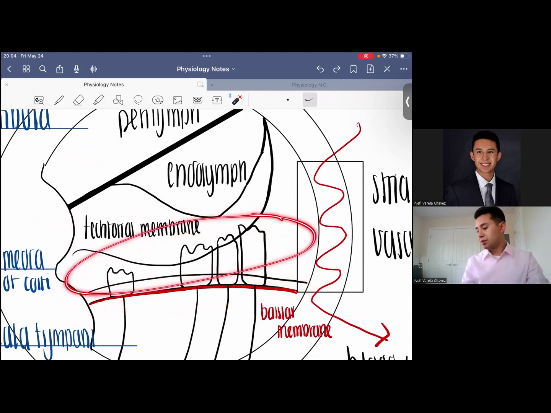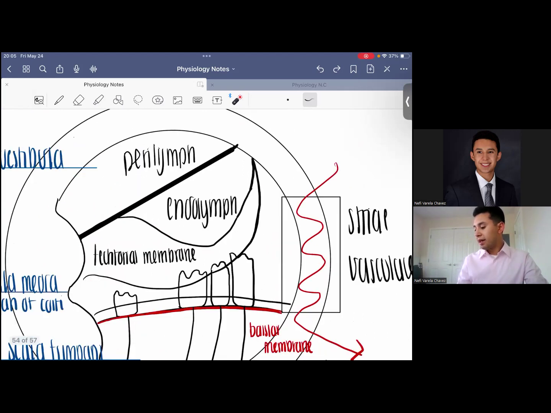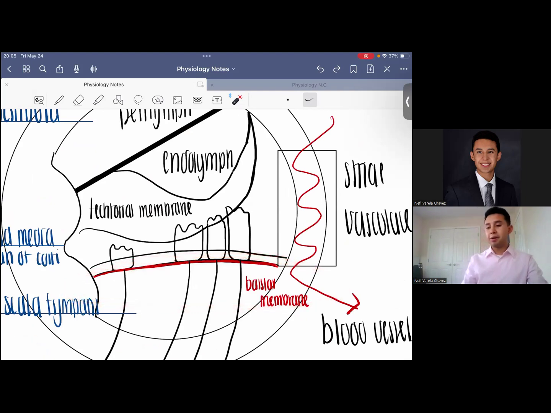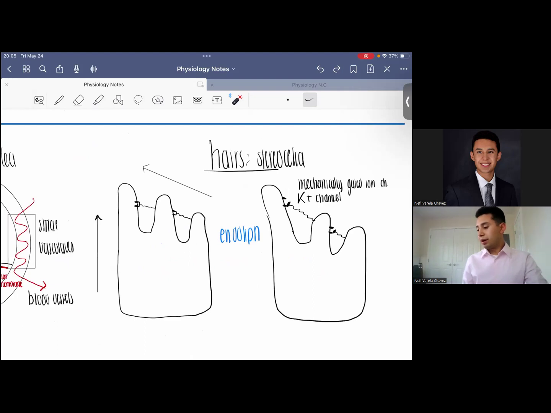So the cilia is going to be surrounded by two membranes as a sandwich. Okay, so we're going to have this sound coming from the perilymph, and this is going to make this membrane vibrate. And within our cilia, we're going to have these hair structures named stereocilia.